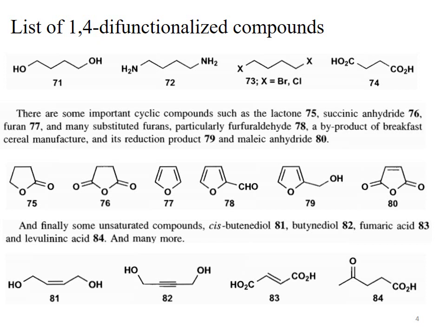And similarly, some unsaturated compounds like cis-butenediol 81, butynediol 82, fumaric acid 83, and levulinic acid 84. And there are many more compounds which have a 1,4 relationship and are considered difunctionalized compounds.